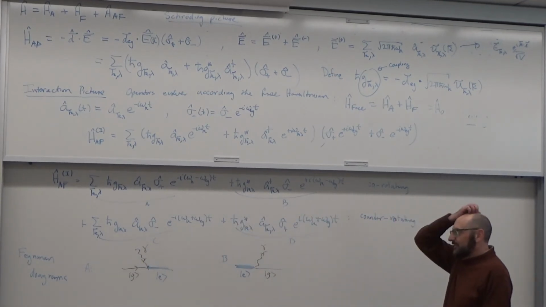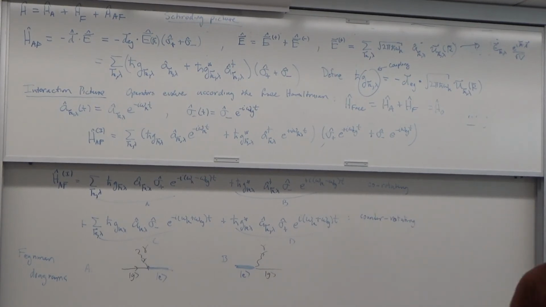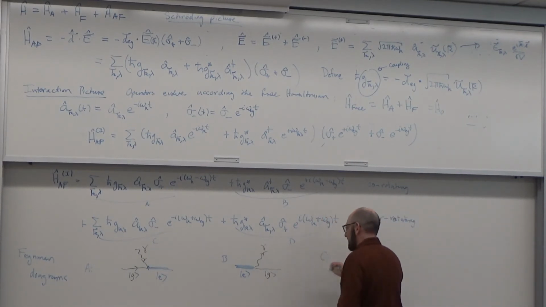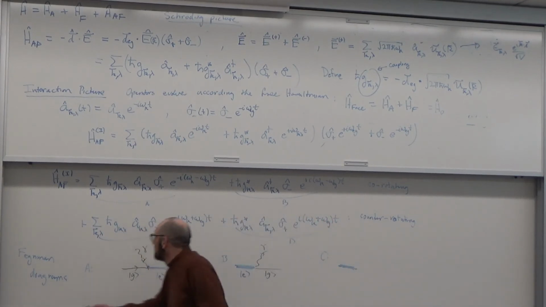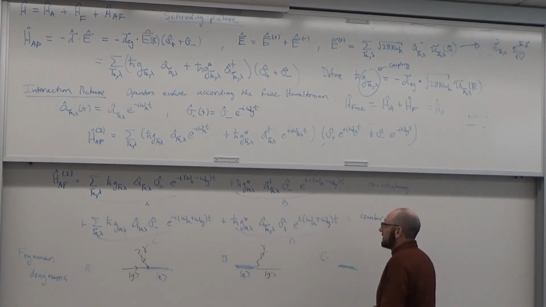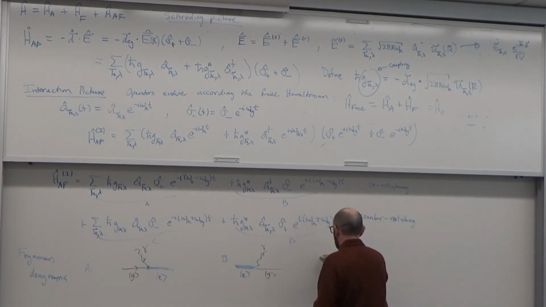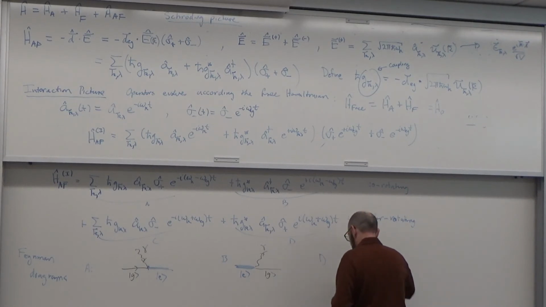But what about C and D? How could that be possible? So in C, for example, I start in the excited state. Let's start with D, because I want to do that one first. I start in the ground state. I go to the excited state. I emit a photon.